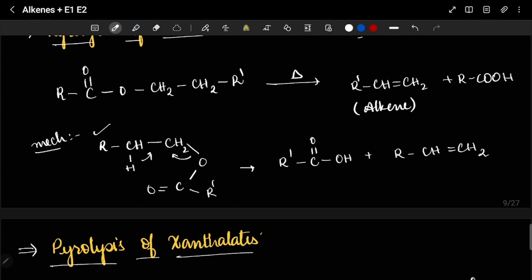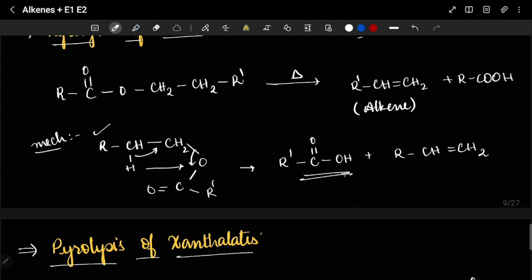This hydrogen comes and attacks this oxygen. So simply H plus is released by giving this bond, and then oxygen retrieves this bond. This H plus goes and attacks this oxygen.